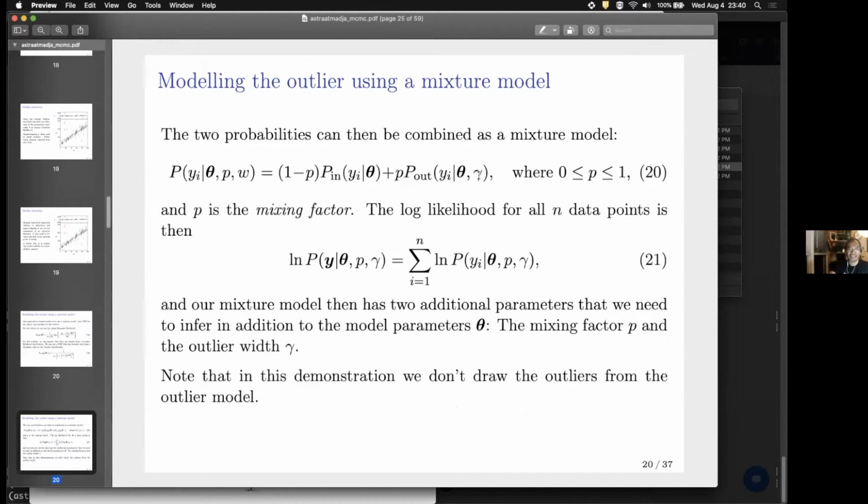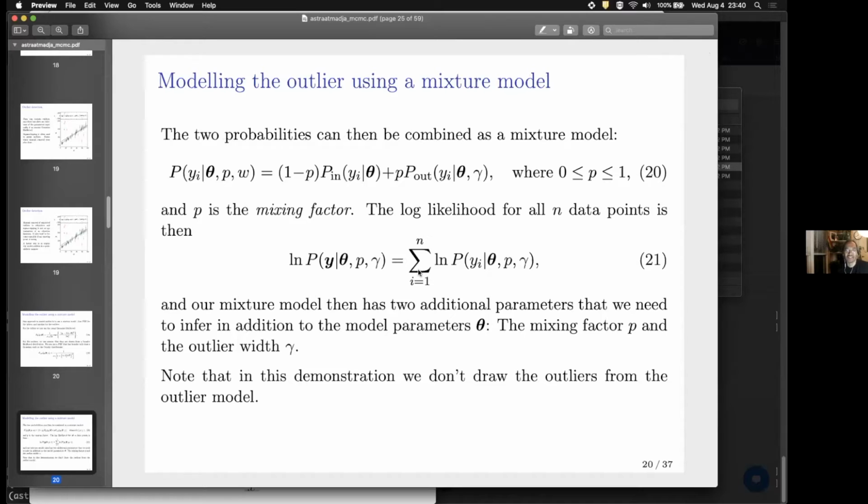Then we combine these two likelihoods with a mixing factor p: we multiply p here and 1 minus p here. That's it for the likelihood.